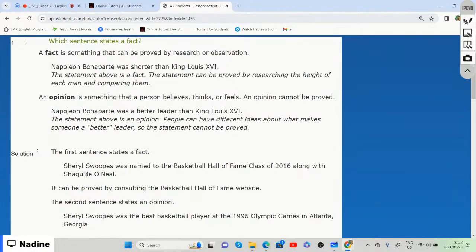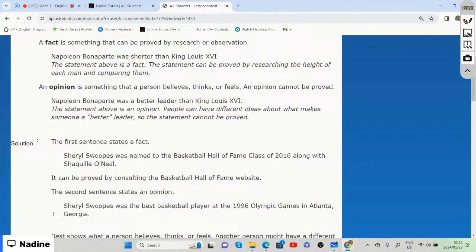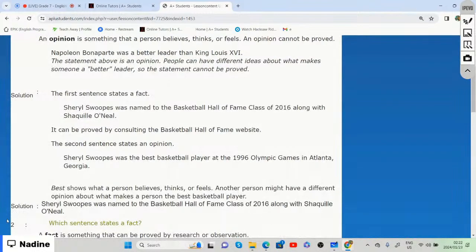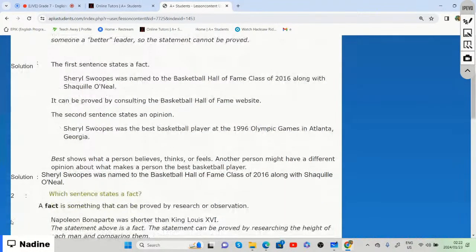All right. So during the lesson, we're going to state which sentence is a fact. It says the first sentence states a fact. Remember, facts are things that can be proven based on observations and evidence, whereas an opinion is just something that you believe, your thoughts, the stuff that you think about.